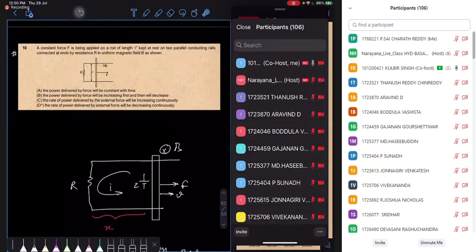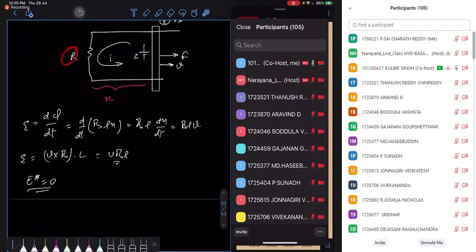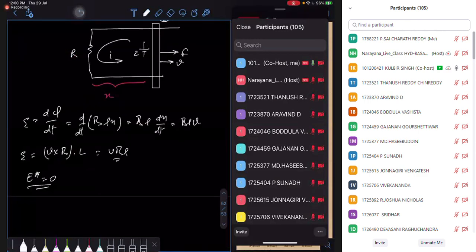No, they have not given any resistance. Assume the rod is the only resistance here, capital R. So I can say my current here is EMF divided by R, right? EMF is BVL by R, easy.